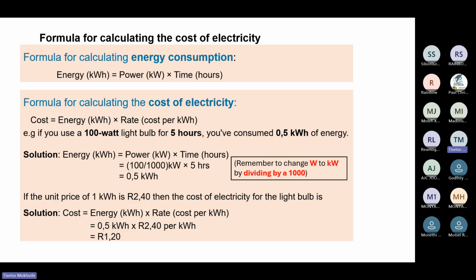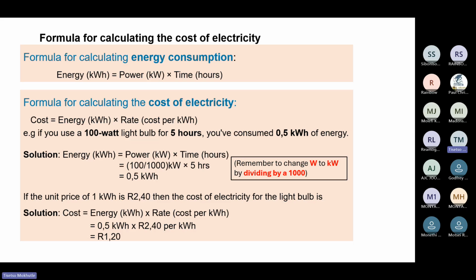And the standard unit of power must be kilowatt, meaning we must first divide the 100 by 1,000 to get it into kilowatt hour. Then multiply by the time we connect the bulb. Then it will give us the energy that is produced by the bulb, which is the light energy. Now you remember we change watt to kilowatt by dividing by 1,000.